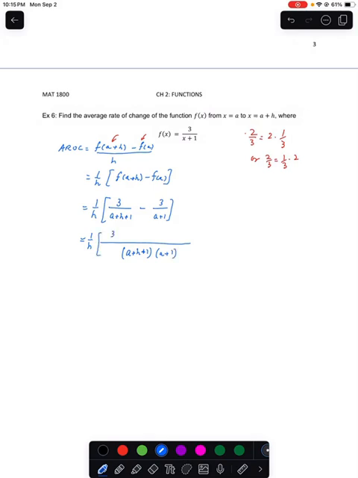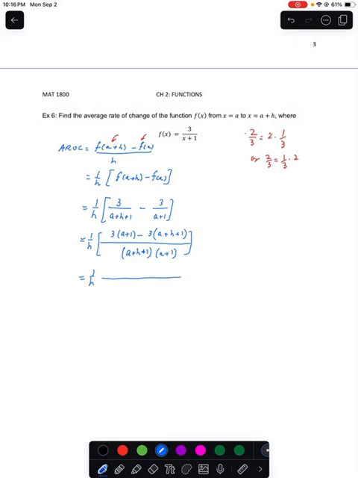On the top we get 3 times a plus 1 minus 3 times a plus h plus 1. Now we could have factored out the 3 as well, but it's okay. Now we simplify the numerator.